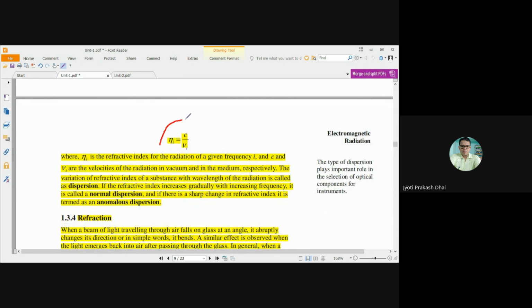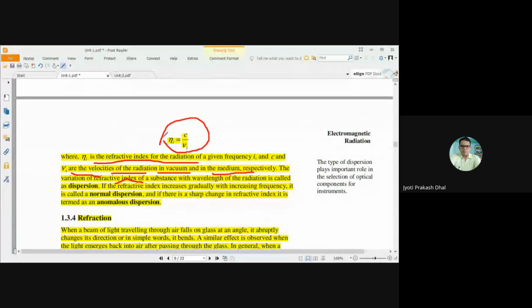The refractive index, η_i, can be defined as η_i = c/ν_i, where η_i is the refractive index for the radiation of a given frequency ν_i, and c and ν_i are the velocity of the electromagnetic radiation in vacuum and in the medium respectively. So the variation of the refractive index.